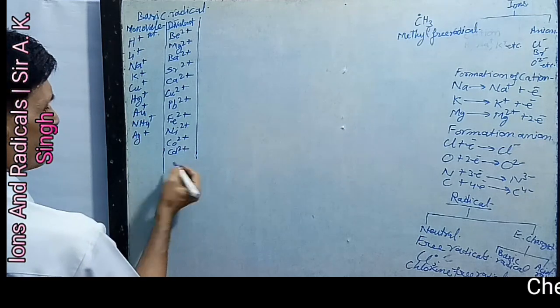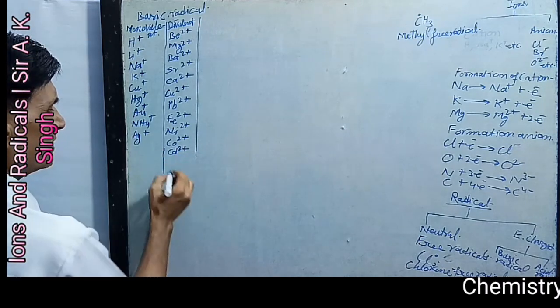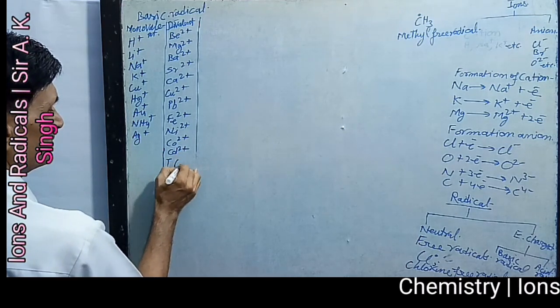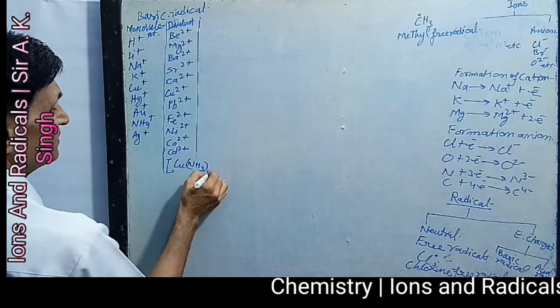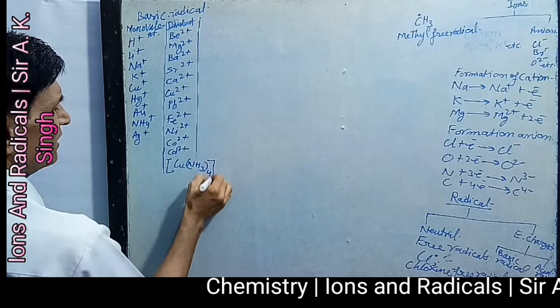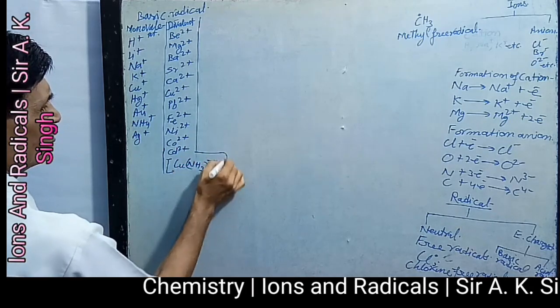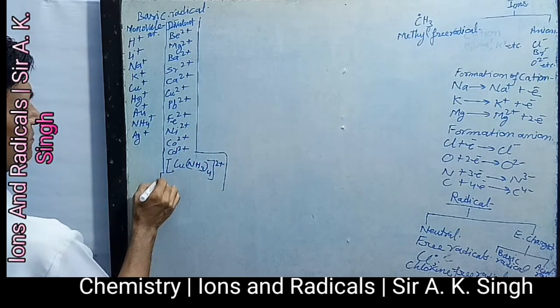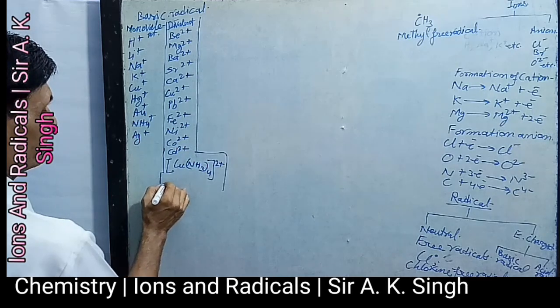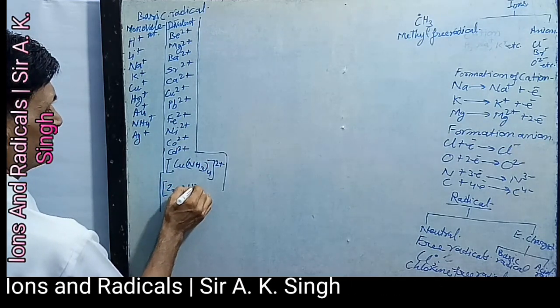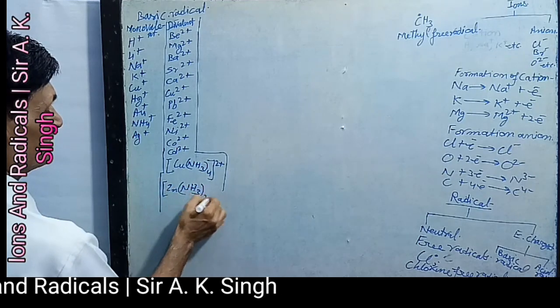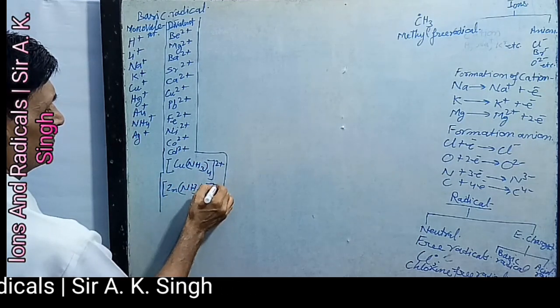and some complex ions are also divalent, like tetraamine copper 2 ion. This is also divalent. Tetraamine zinc 2 ion.